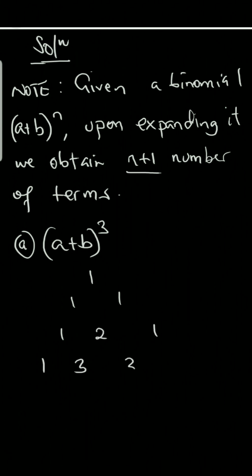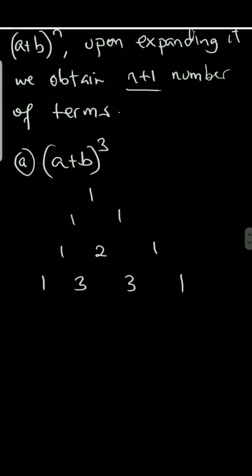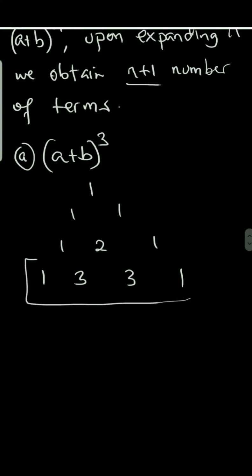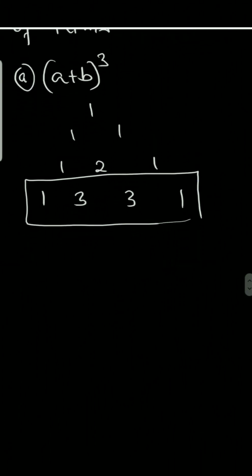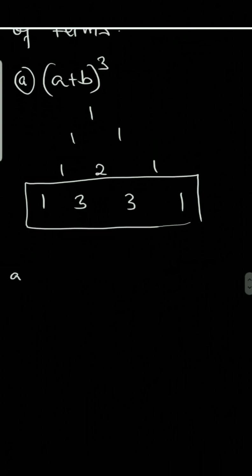If you don't know, I'm going to send a link to the video where we formed the same Pascal's triangle. So these are the coefficients that we're going to use to expand this given binomial expression. And if you check, the number of coefficients here is n + 1. So let's start our expansion.